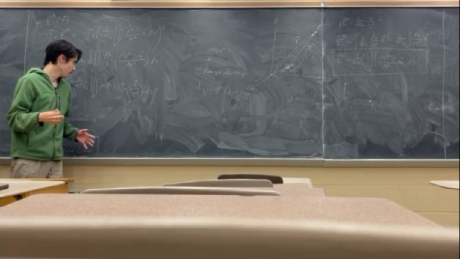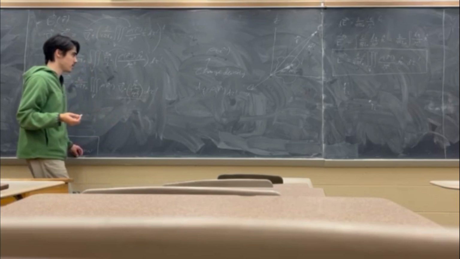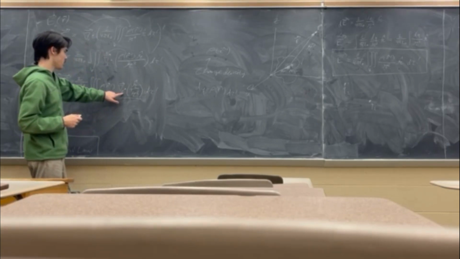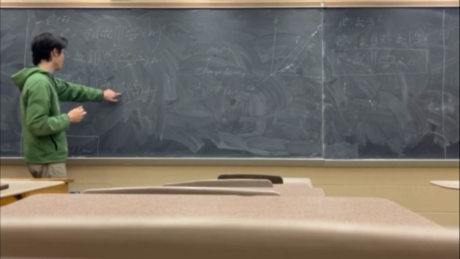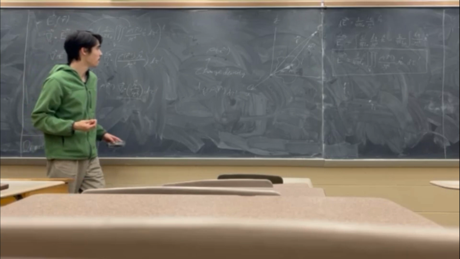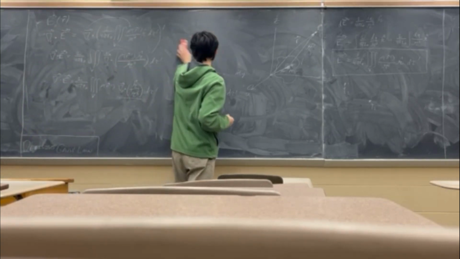So the next step is we want to take this divergence, but note that this divergence is with respect to r, whereas the function is a function of the separation vector.